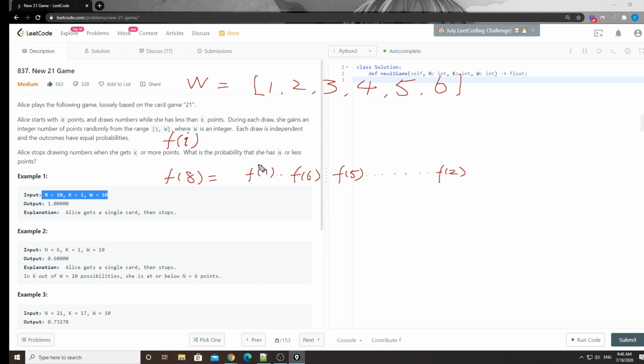And for each of the states here, there are the probabilities of getting each number. For this one we need to get 1, and this one we get 2, 3, and in the end we get 6. And the probability of getting each of these numbers is the same. So what's the probability?